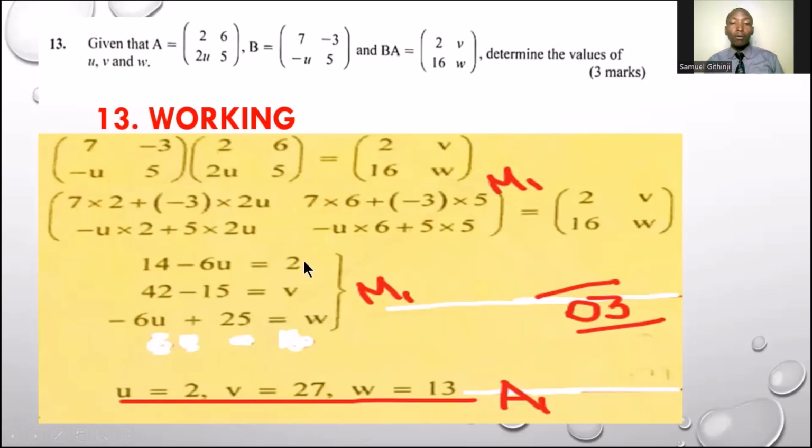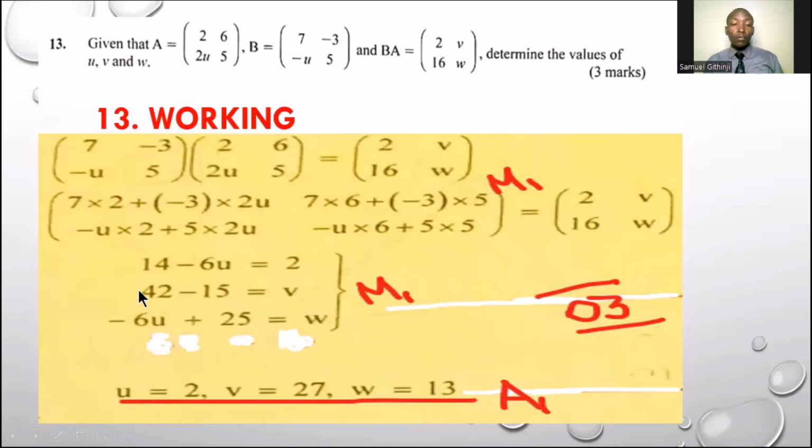Equation 1 can help me solve for u. With that, 6u equals 12, 14 minus 2. Yes, that one, it will be 12 equals 6u. And then I divide by 6 both sides, I have 2. Then I go to the next one.